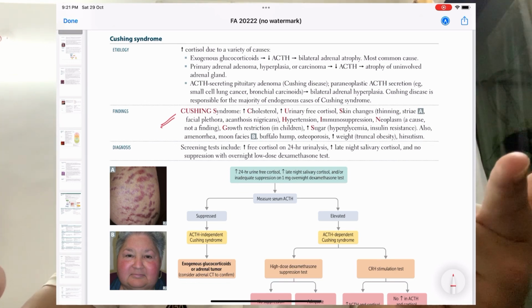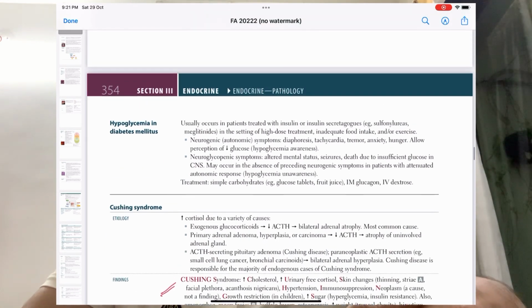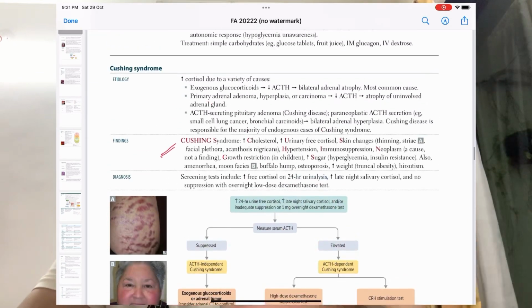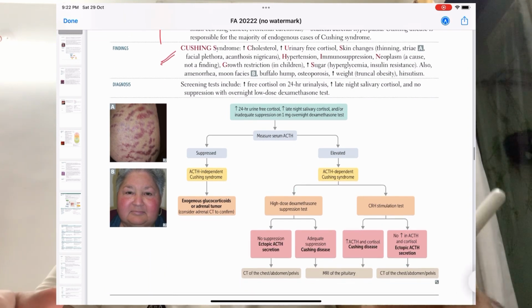what is causing that finding. Alright, so in the Cushing syndrome part, in First Aid, on page number 354 of the 2022 edition, you can see the etiology. Learn the etiology by heart. That's very, very important. And the second thing that they will test is the diagnosis method, the flow chart that is given here.